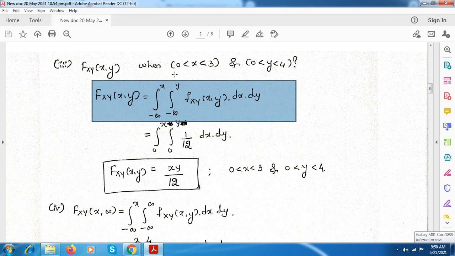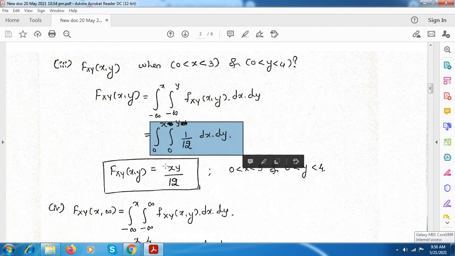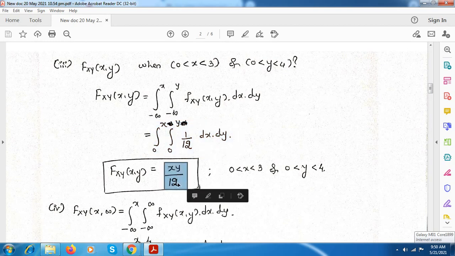The lower limit here we have is 0 in both the cases for x and y. So we take the lower limits as 0, and here these are x and y. And this is 1 by 12. This is c constant value. And here if you integrate this, you get x into y, and divided by 12, this is constant.